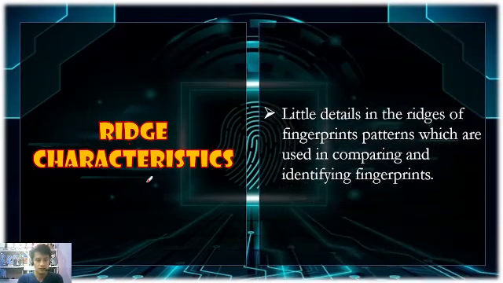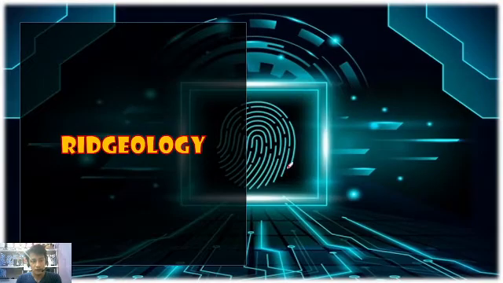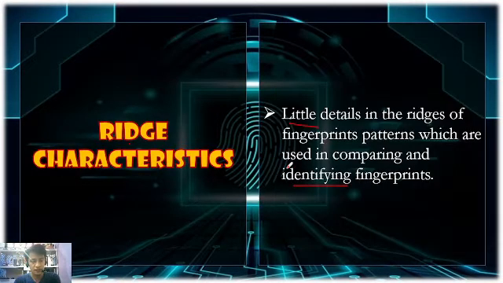Okay, so this is the little details, as said here, little details in the ridges of fingerprints. So these are the ones that we can use to identify fingerprints or identify individual. Okay, so that is for ridge characteristics.